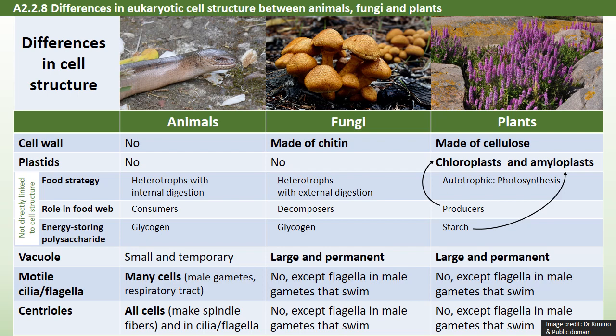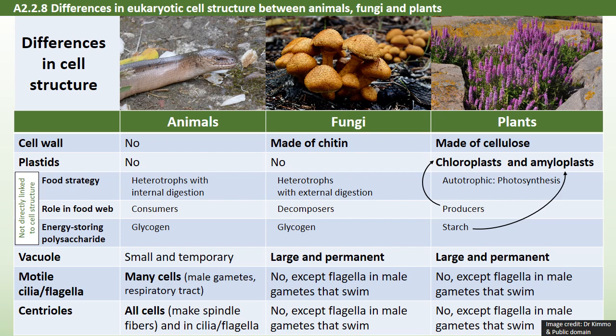Related to plastids, food strategy. Animals are heterotrophs and fungi are heterotrophs. But animals have internal digestion. We have a digestive system, whereas fungi have external digestion. They don't have a digestive system inside them.